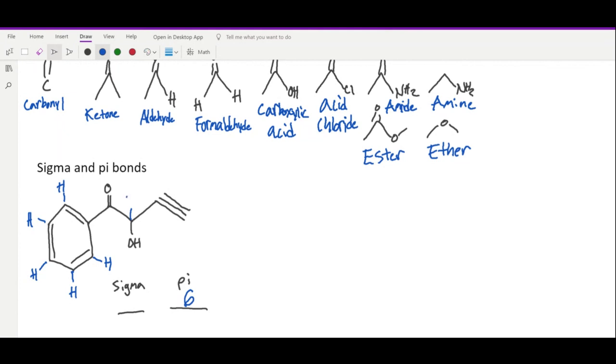Okay, so we are missing some hydrogens. All right, now your structure is complete. And of course, the lone pairs are also not shown, but lone pairs don't affect sigma and pi bonds, okay? Because they're not bonds.